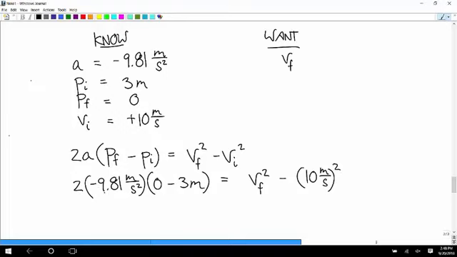So we have 2 times negative 9.81 times negative 3. That's 58.86 again. And the units are meters squared per second squared. And that's equal to V final squared minus 100 meters squared per second squared.